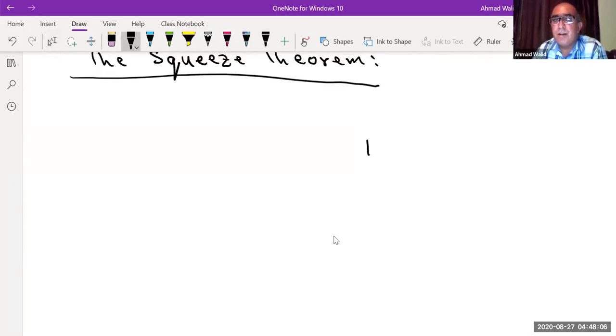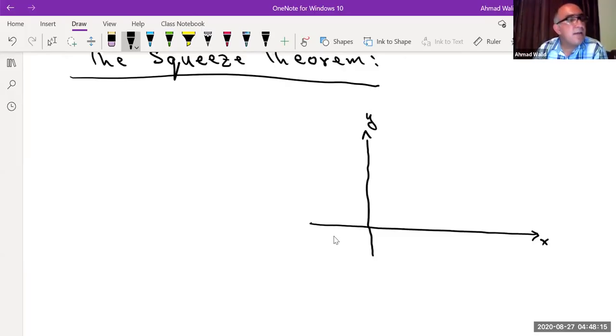For example, you have three functions. x, y. For example, you have this relation. f of x is less than or equal to g of x and less than or equal to, let's say, h of x. Three functions. I'll draw it now.